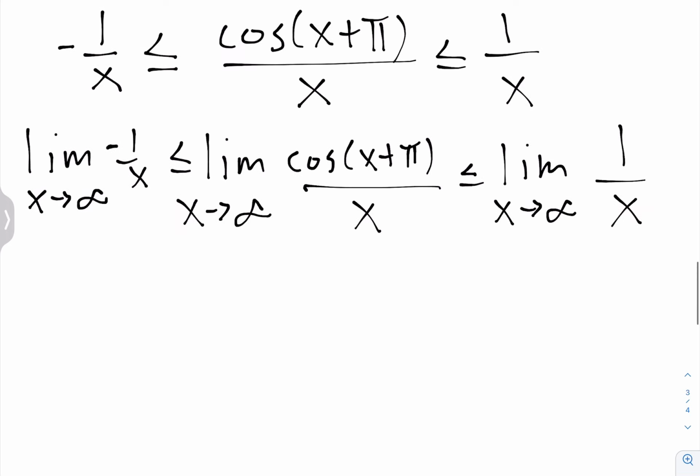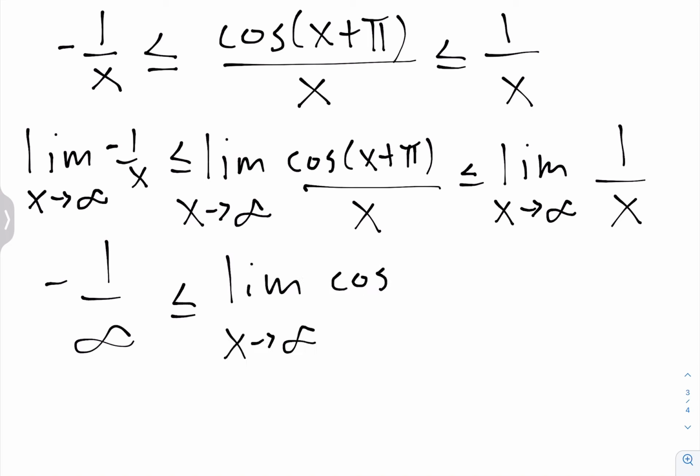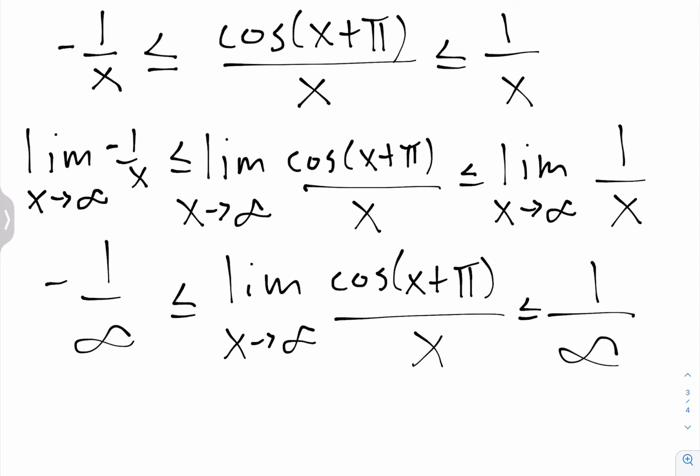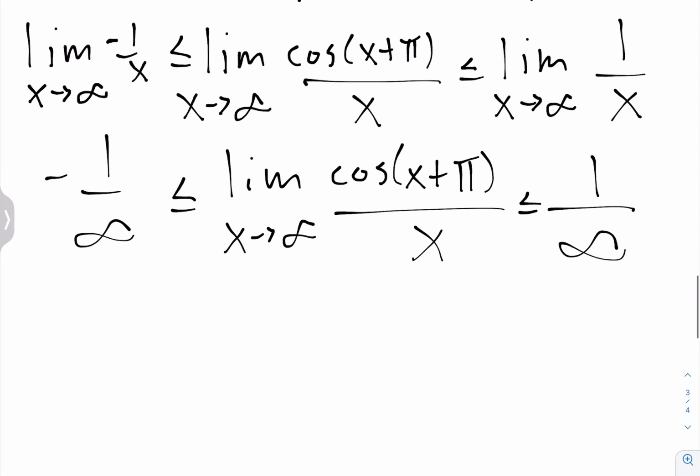I just drew it out, but let's substitute in. So this is really -1 over infinity is less than or equal to the limit as x approaches infinity of cosine x plus pi over x, and that's less than or equal to 1 over positive infinity. So both of these limits are 0.